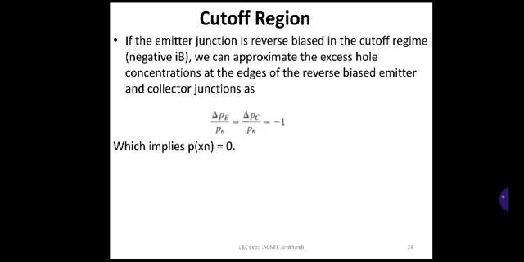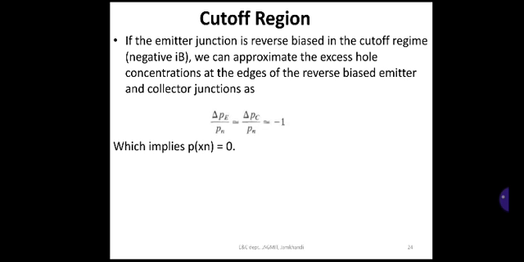As we know, the emitter junction is reverse biased in the cutoff region, that is, the base current IB is negative. It is not an ideal switch, so we approximate. We can approximate the excess hole concentration at the edge of the reverse biased emitter and collector junctions as delta PE by Pn, approximately equal to delta PC by Pn, which is approximately equal to -1.